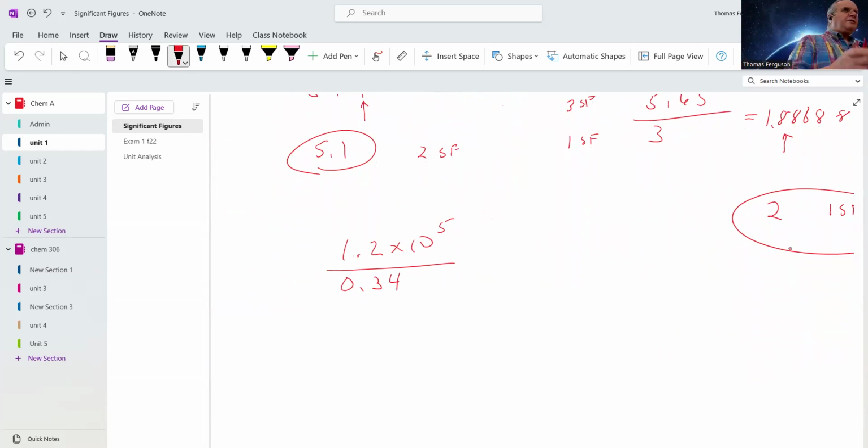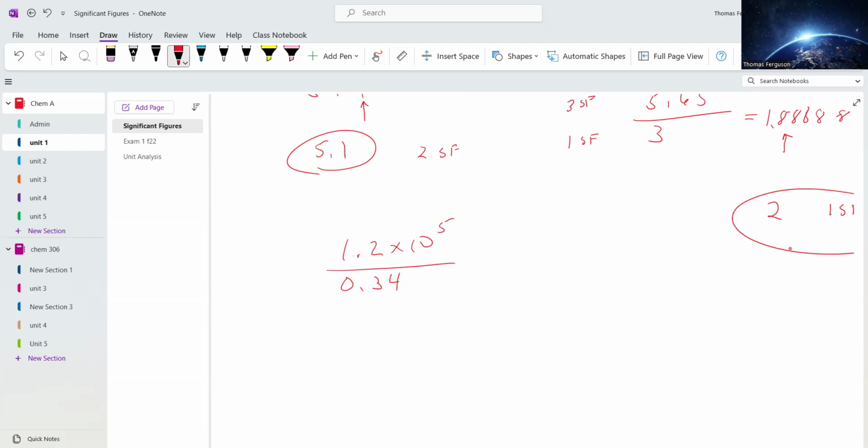Now, did everyone bring their calculator? Okay, I have some loaners in the lab, but you should start bringing your calculator, particularly for unit 1. Units 1, 4, and 5 are very mathy.